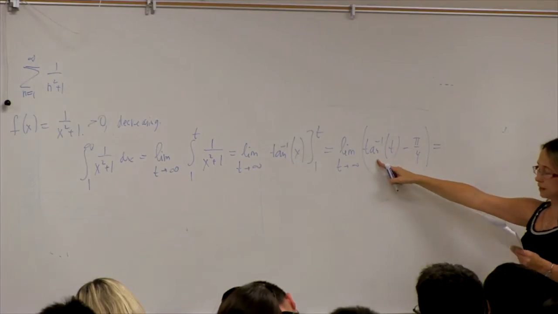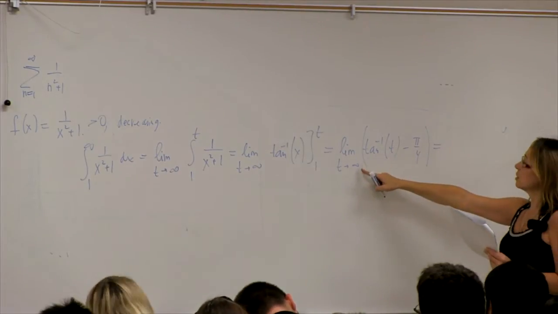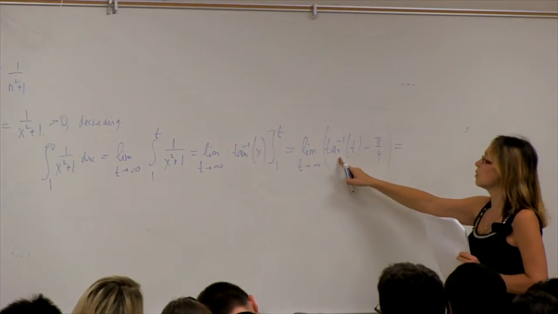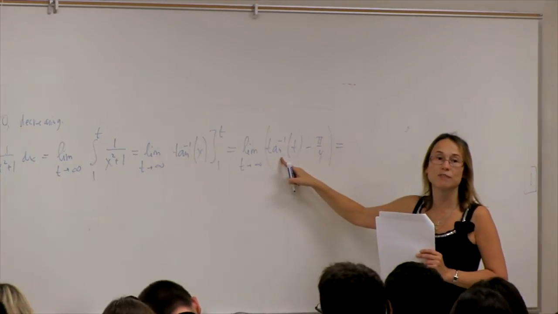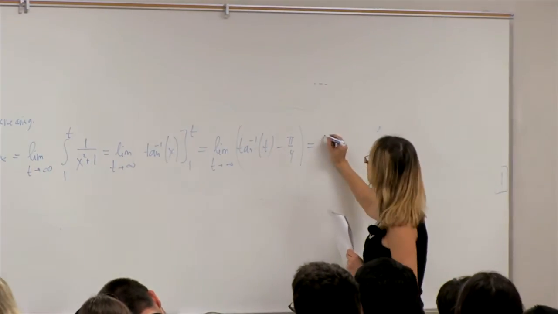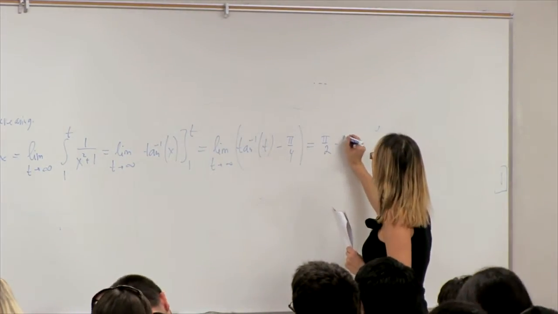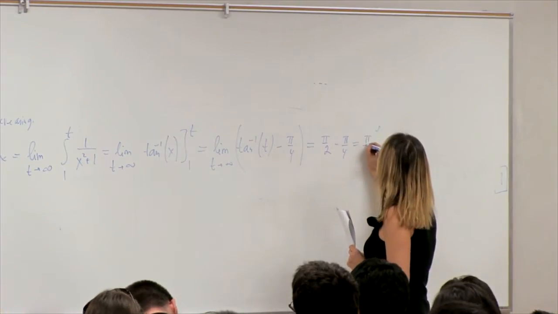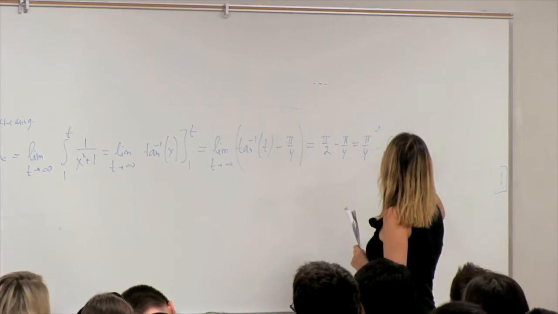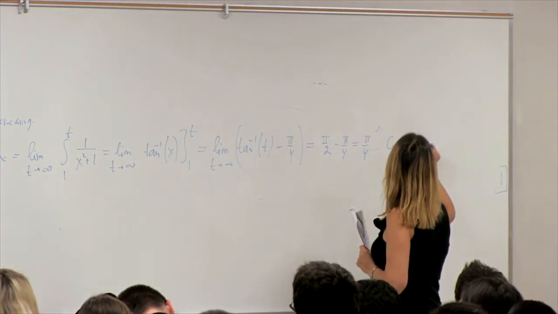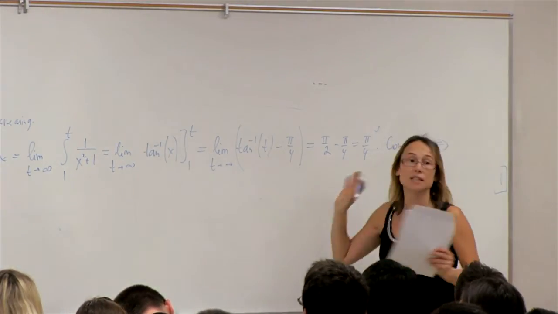What's the limit as t goes to infinity of the arctangent? What's the arctangent of infinity? It's pi over 2, right? So pi over 4. Converges. And that's it. We're done, right?